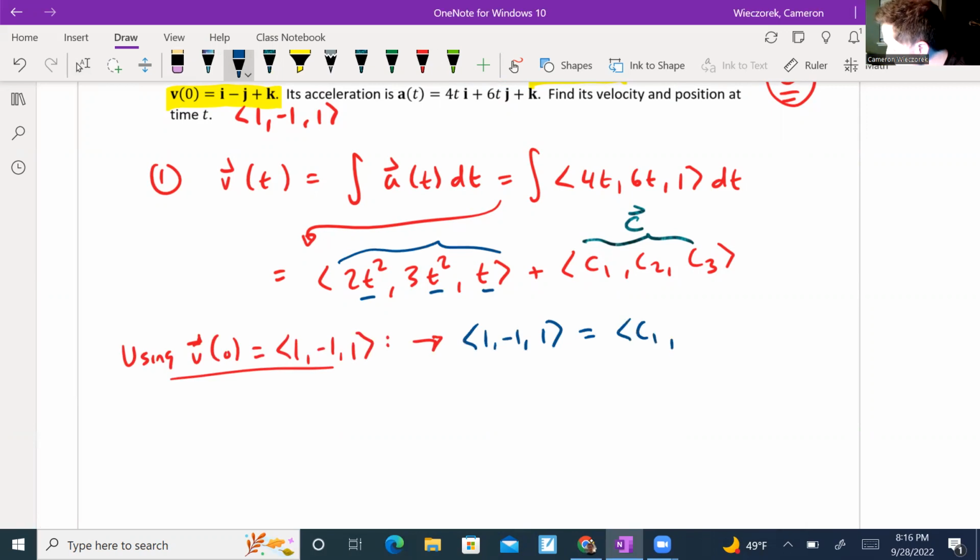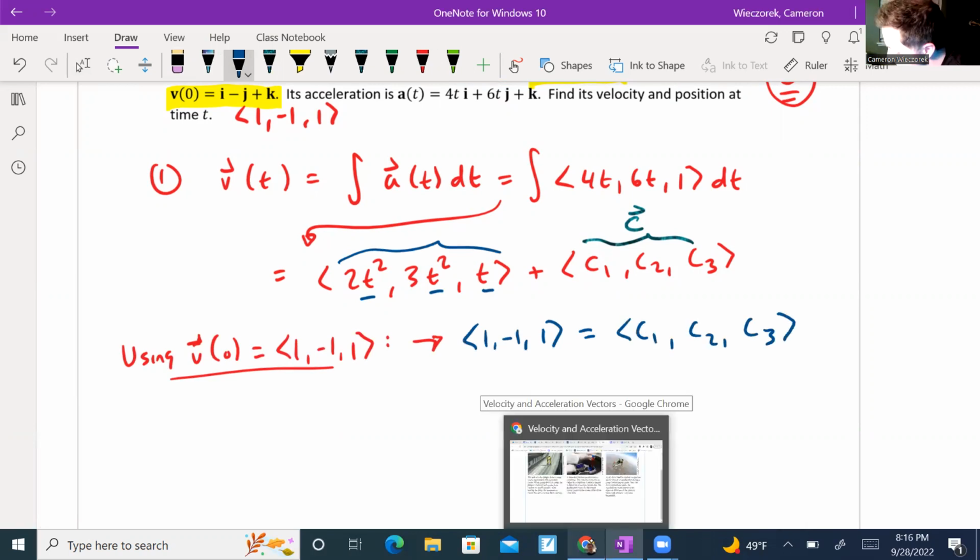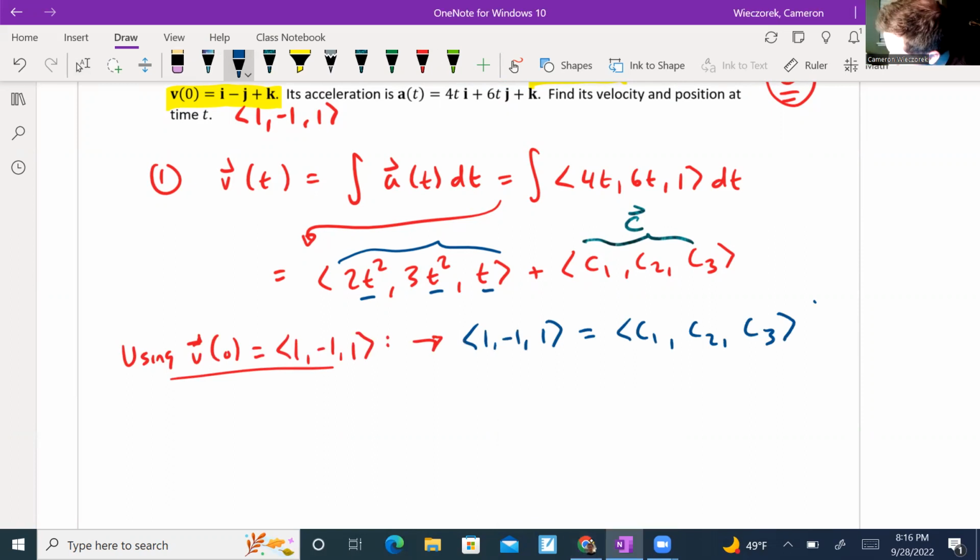So really, I'm just going to be left with my constant vector. So now I can go back and find the actual velocity vector. The velocity vector is going to be 2t squared, c1 is equal to 1, so plus 1. C2 is going to be equal to negative 1, so 3t squared minus 1. C3 is going to equal 1. So I'm going to get t plus 1.